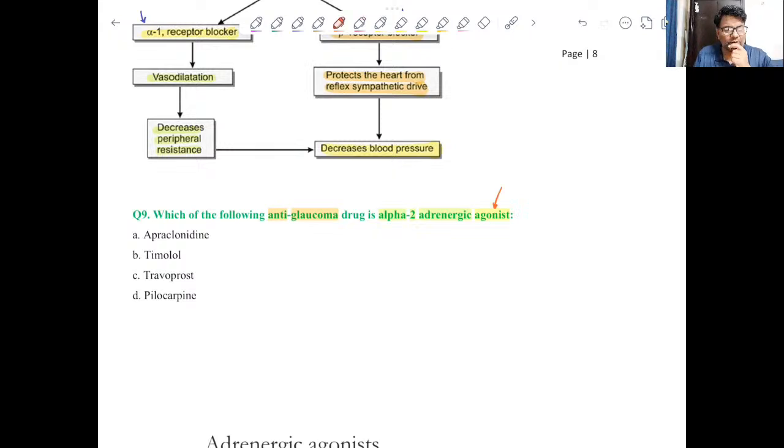Now, what do you mean by the word agonist? Agonist means it will promote the activity of the receptor. So the effect is in line with the activity of the receptor. So it is an alpha 2 adrenergic agonist. So which alpha 2 adrenergic agonist can be used as an anti-glaucoma drug? The answer is apraclonidine.